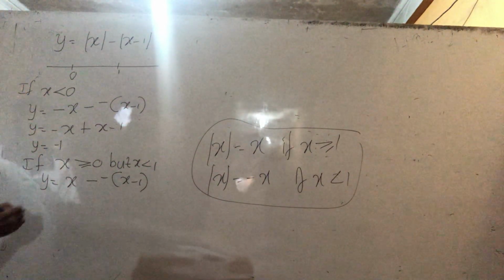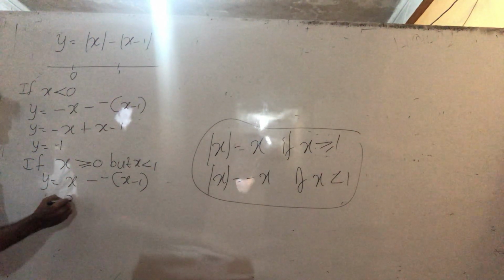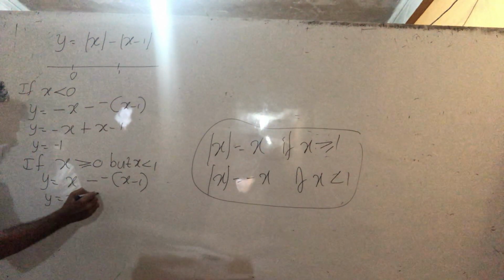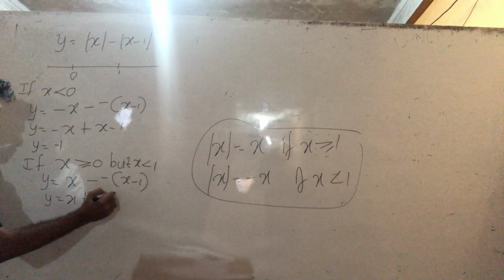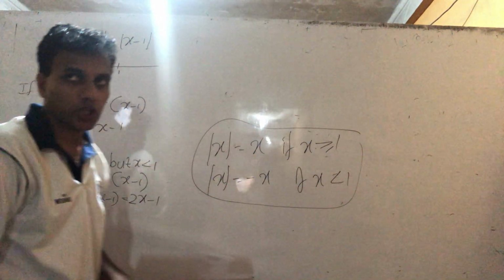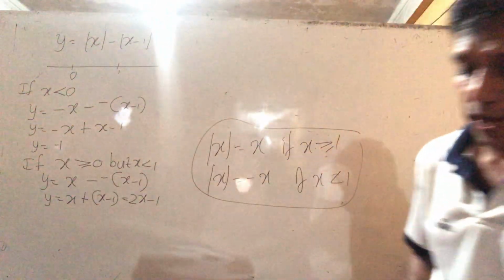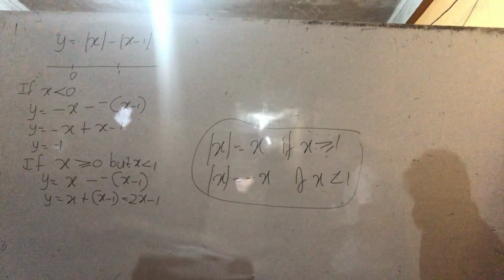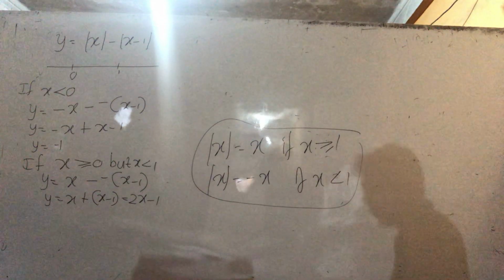Okay, that. So what happened? y equal x minus minus plus x minus 1. That is it, 2x minus 1? Is the graph portion between the 0 and 1. y equal 2x minus 1, right?